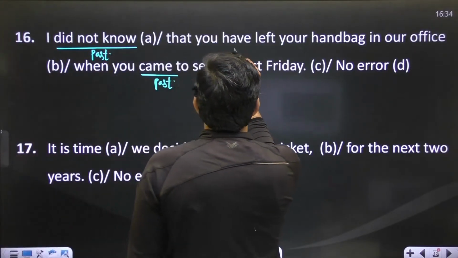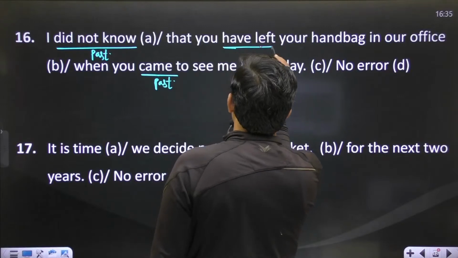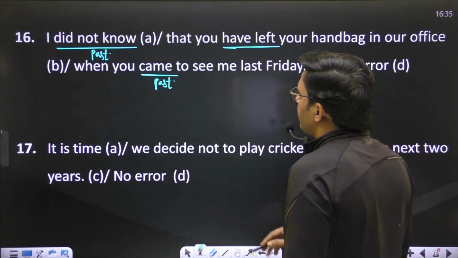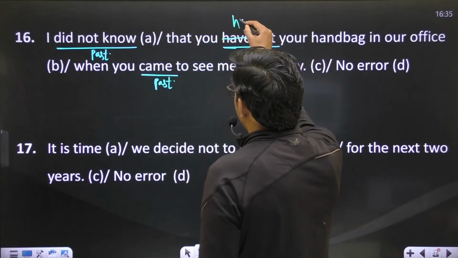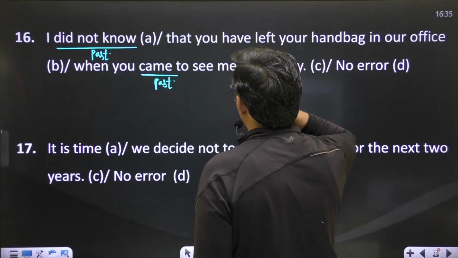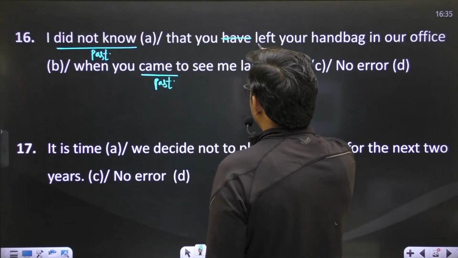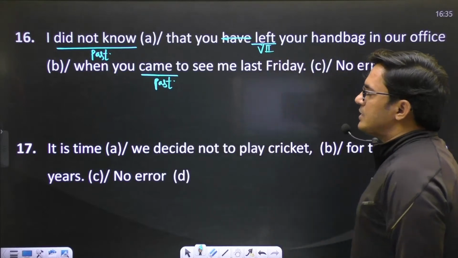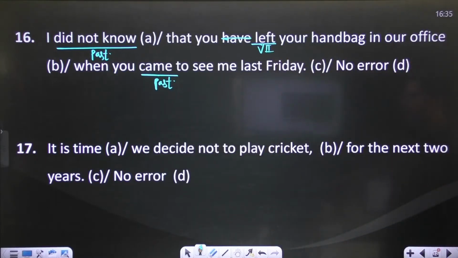So this must also be in past tense, right? But it is present perfect. So replace present perfect with past indefinite, just use left. The sentence will be like: I did not know that you left your handbag in our office when you came to see me last Friday.